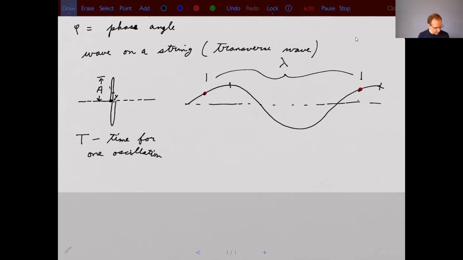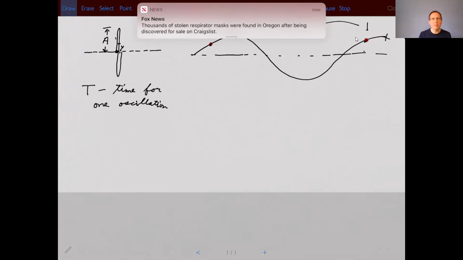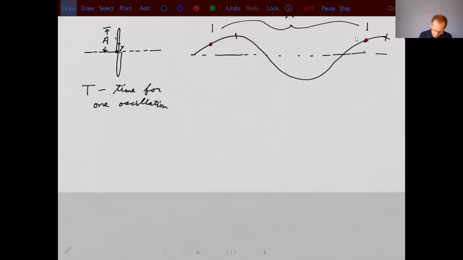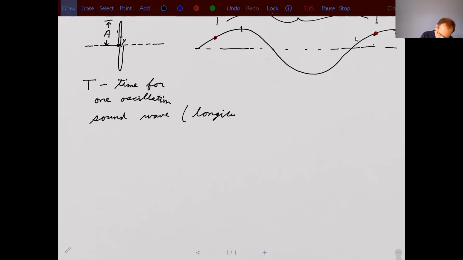What about a longitudinal wave, or a sound wave? In this case, you can think of a tube that air, or a wave of sound, can travel through, and the medium itself is the air.